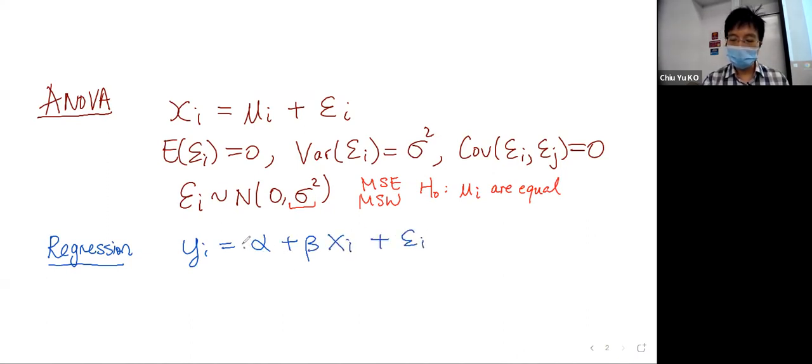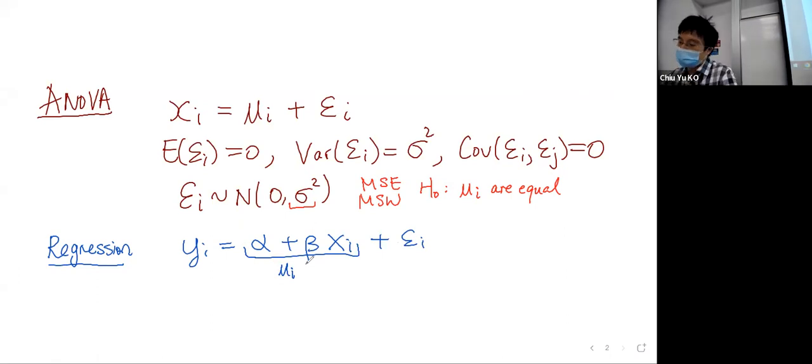You can imagine that this is actually the mu i, but now mu i is not a constant by itself; the mean is affected by X. The X you observe is the thing that leads to different means of Y. So you can see the structure is the same, except that now the mean is not completely exogenous. The role is played by some x.